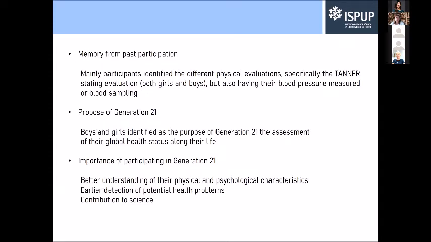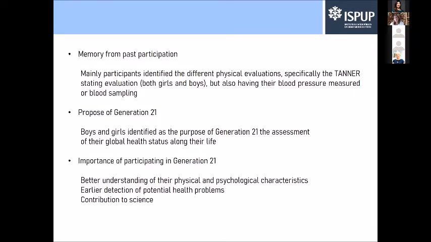Mainly, our participants identified the physical evaluations more clearly, so they recall better the physical evaluations that they did, for instance, the questionnaires. They all identify the purpose of Generation 21 as the assessment of their global health status along their life course.